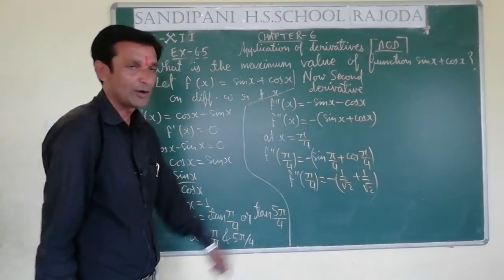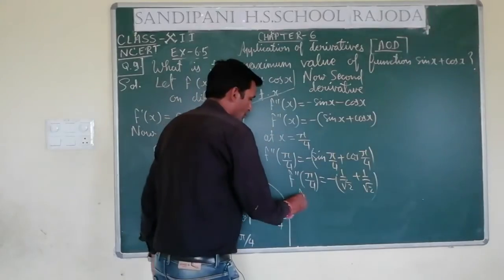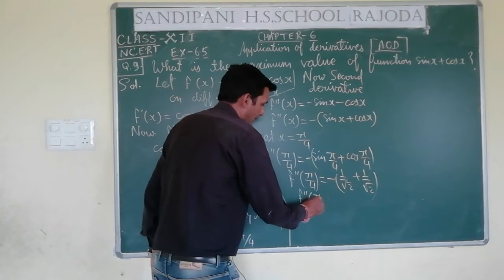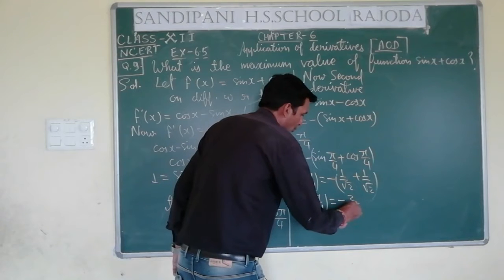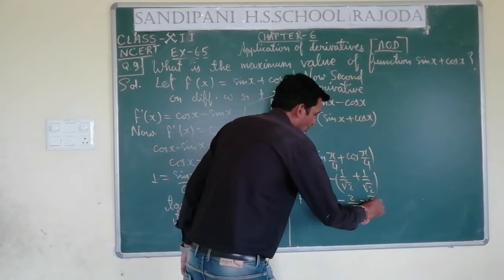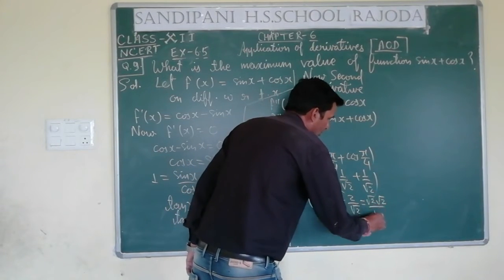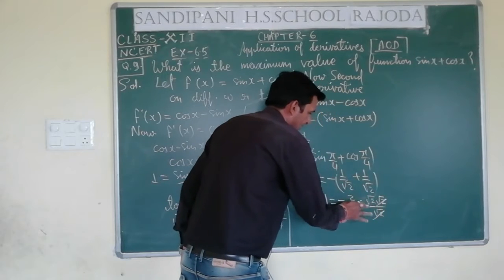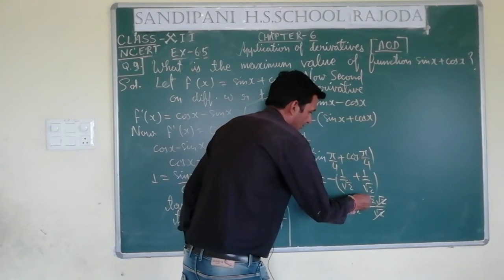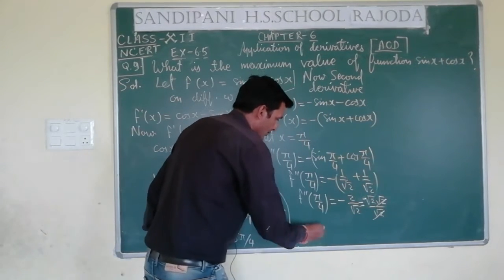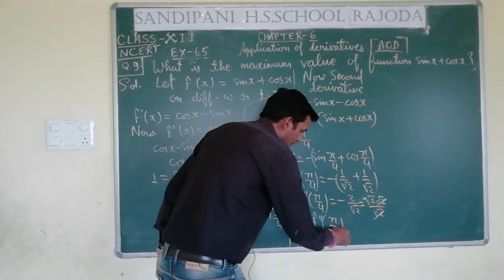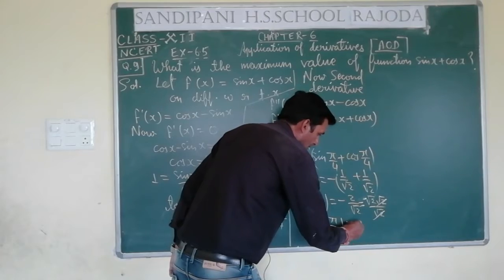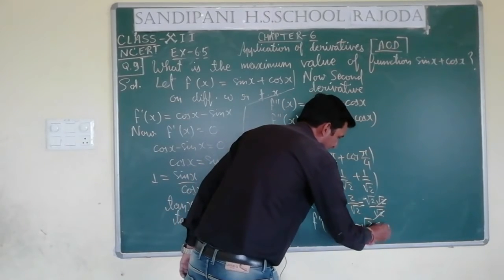So it will be 2 by root 2, which can be written as root 2. So f double dash pi by 4 is equal to minus 2 by root 2, which can be written as root 2 into root 2 upon root 2. So this root 2 is cancelled. Minus sign is also there. So f double dash pi by 4 is equal to minus root 2, which is less than 0.